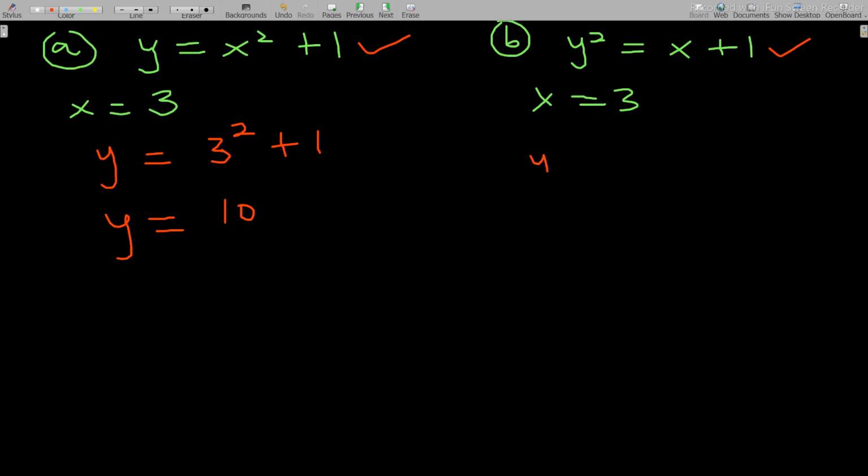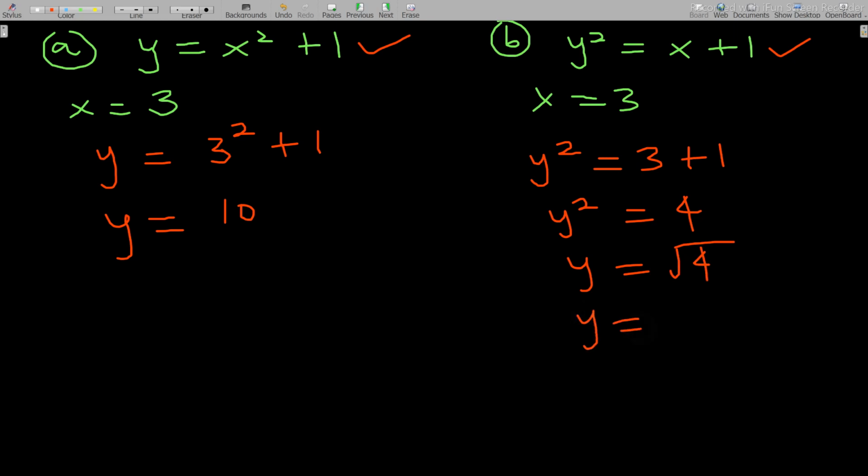So let's go to the second one. I have y squared is equal to 3 plus 1, meaning y squared is equal to 4, and y is equal to the square root of 4. So y would be equal to plus or minus 2. What the second solution means is that we actually have one value of x which is giving us positive 2 and negative 2 at the same time.